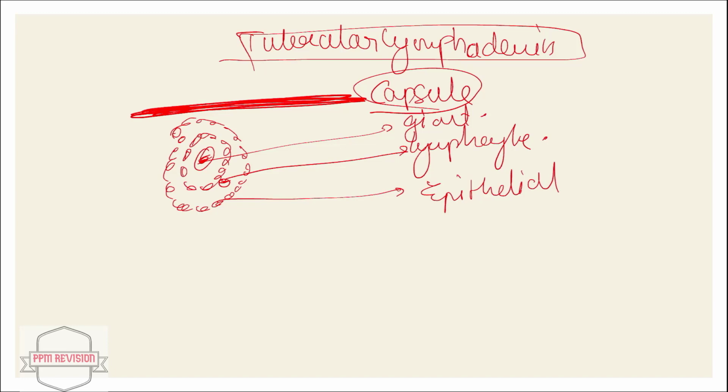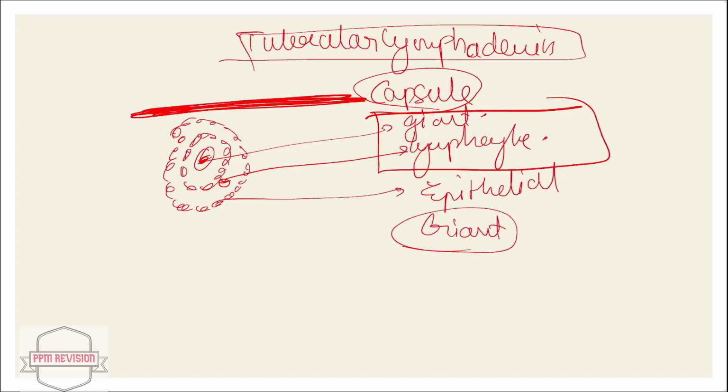Just looking at the points, note the structure of the lymph node. That will be the main point. Many discrete and confluent tubercles consisting of epithelioid cells and giant cells are seen. So the main point is the presence of giant cells as well as epithelioid cells.